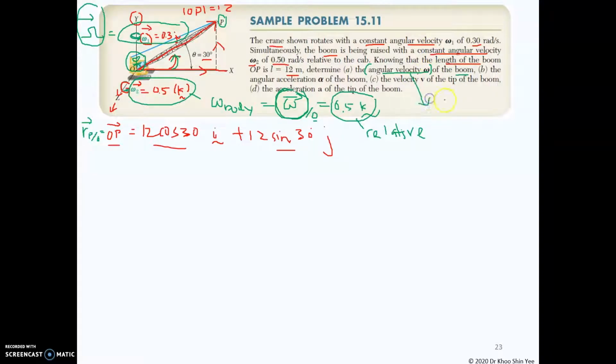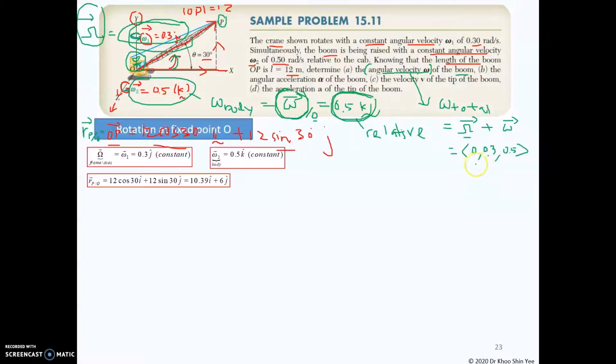This is actually equal to the omega total that you learned before, which can be computed by using Omega plus omega. So after you substitute the Omega 0.3j plus the omega here, then you should be able to obtain this answer. So this is the absolute value, which is valid in the inertial frame, and this is what we want.